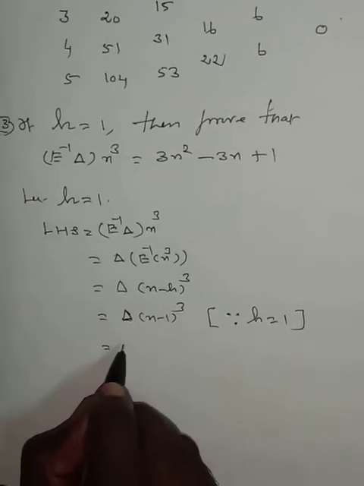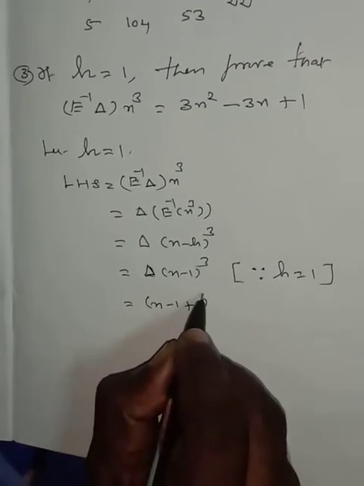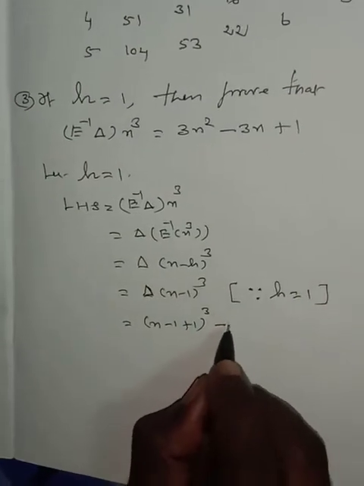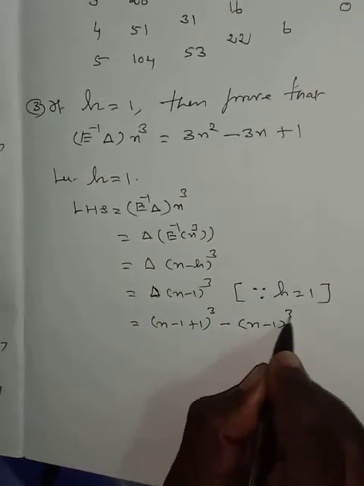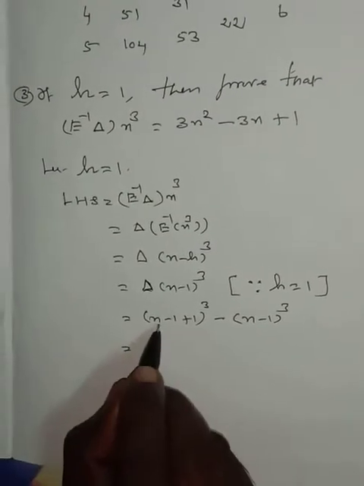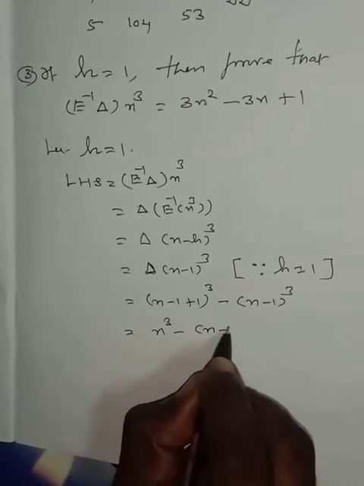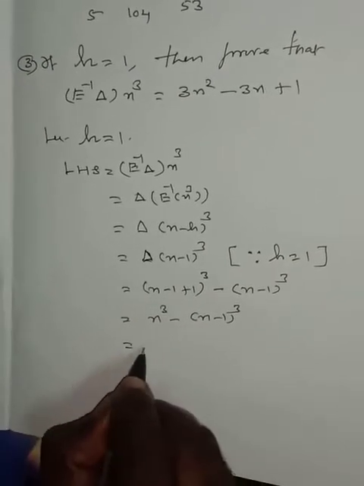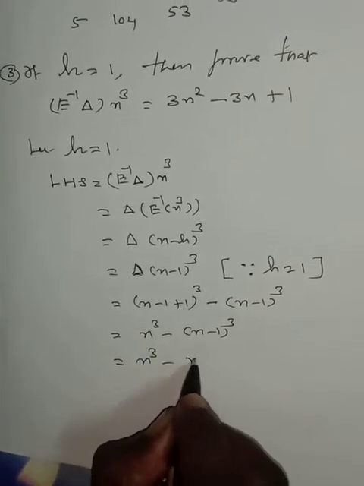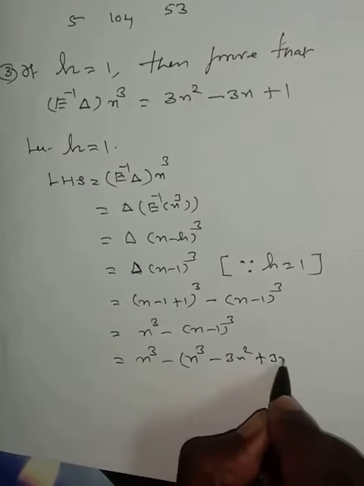Therefore, x minus 1 plus 1 whole to the power of 3 minus x minus 1 whole to the power of 3, using delta power, is equal to x power 3 minus x minus 1 whole to the power of 3, which is equal to x power 3 minus x power 3 minus 3x square plus 3x minus 1.